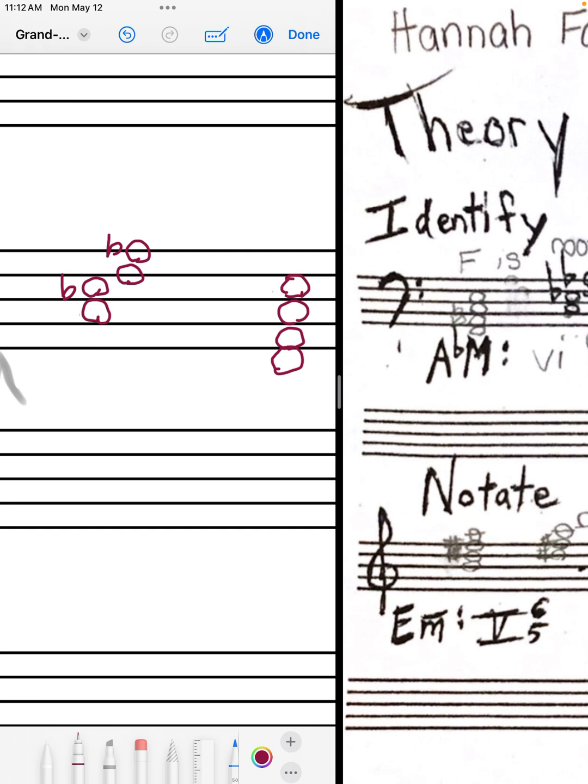I'm going to disagree with Dr. Schweihart's example here, because number one, these should not have been flat, except for the A. That would be the normal scenario: D, F, A, and C. And these two would not have been right, and this would also have to be flat too.